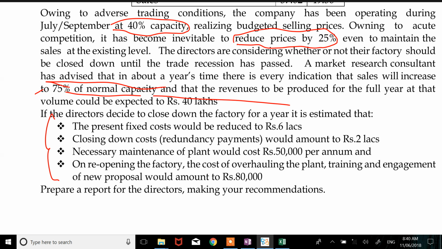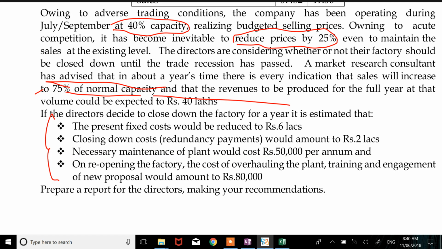How much? It will be 9,30,000. Yes, you have to add it because that is because of the shutdown. Your fixed cost will be 6 lakh rupees. 2 lakh rupees will be closing down, 50,000 will be maintenance, 80,000 will be reopening cost. So because I shut down, my loss will be 9,30,000.